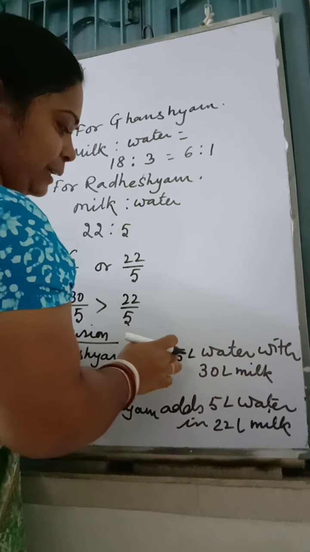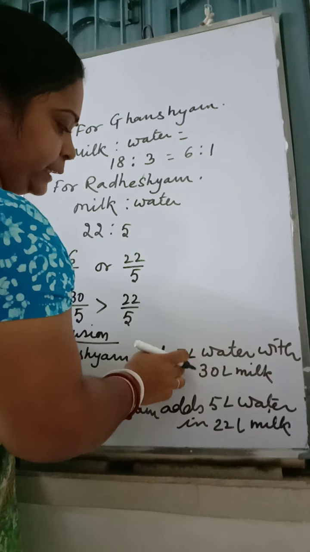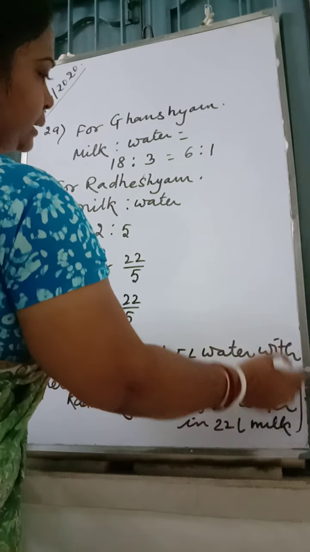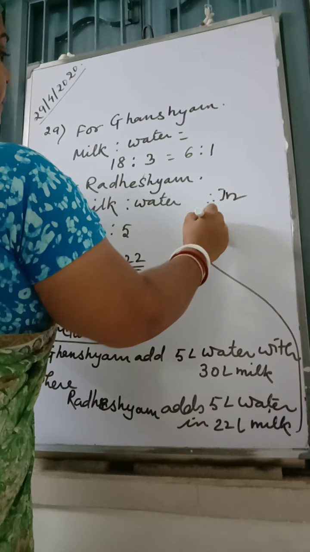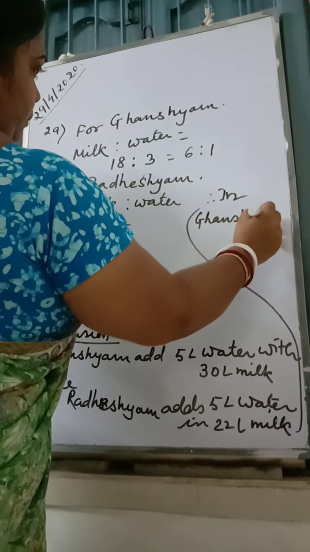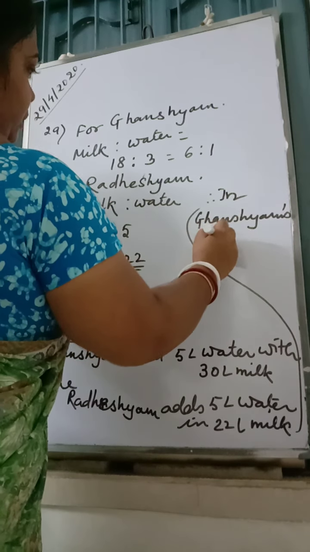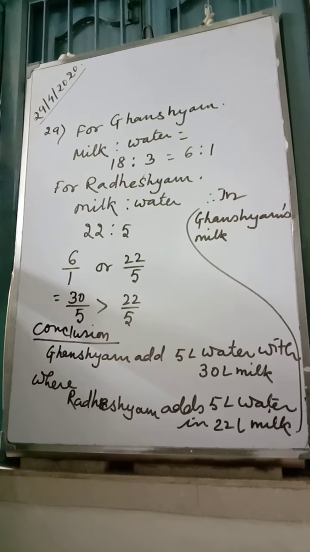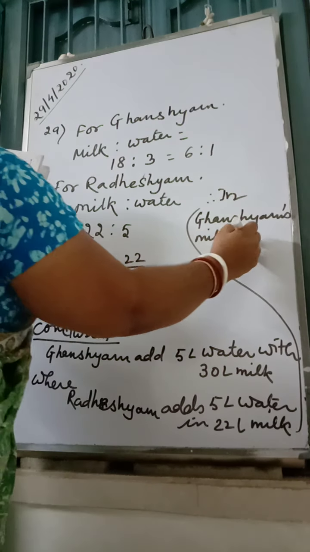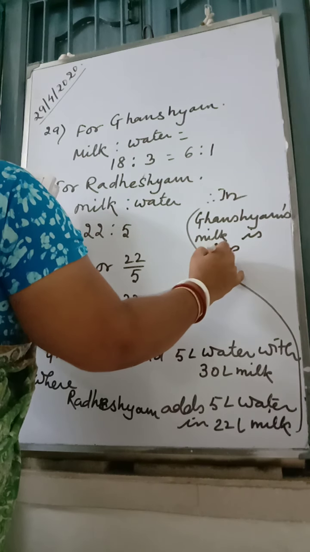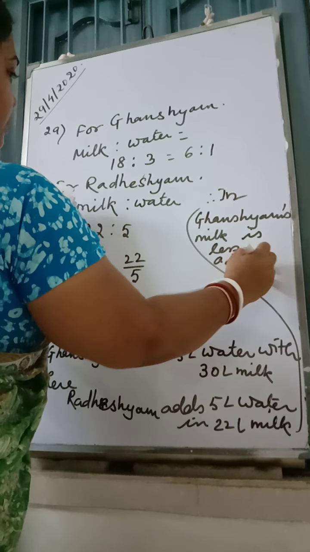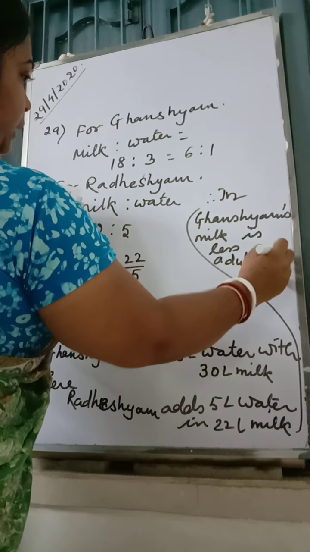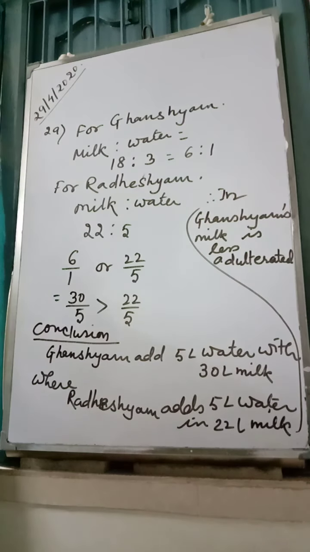So more milk, less water. Less milk, more water. So in this milk there are less adulterants. So therefore in Ghanshyam's milk there is less adulterants. Ghanshyam's milk is less adulterated.